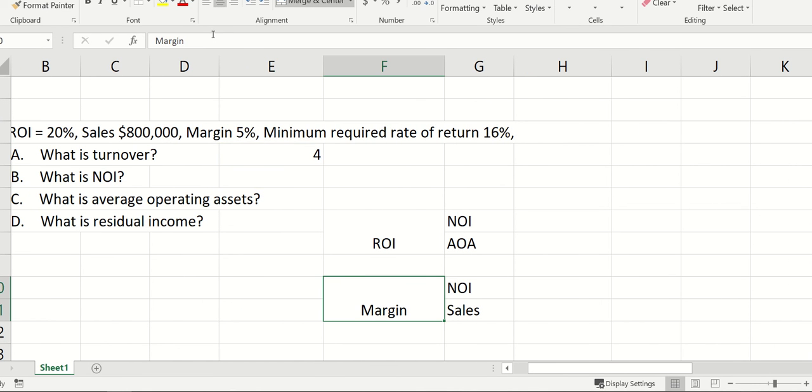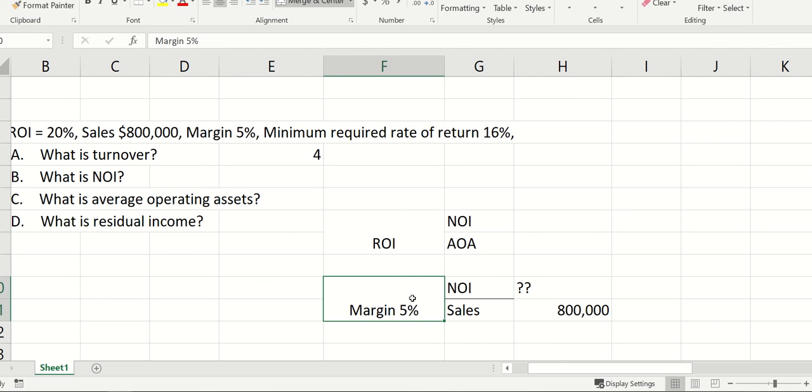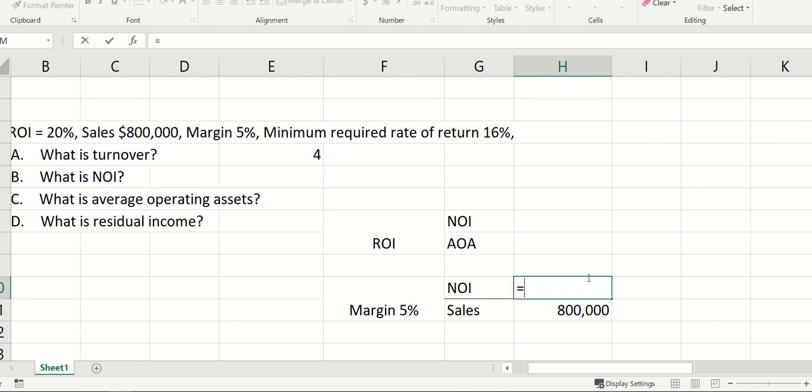Net operating income. So I do have margin, which was 5%, and net operating income I don't know, but sales I do know, which was 800,000. In order to isolate net operating income, which is the numerator, I can multiply my 800,000 times by 5%, and that'll give me my net operating income.